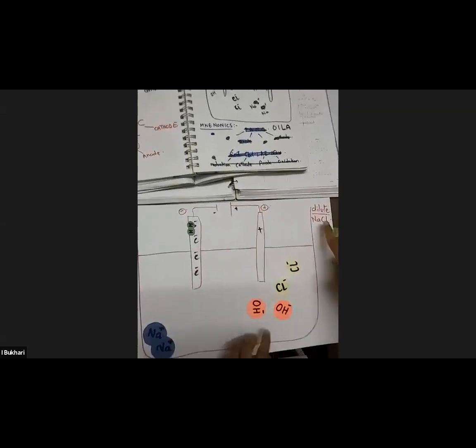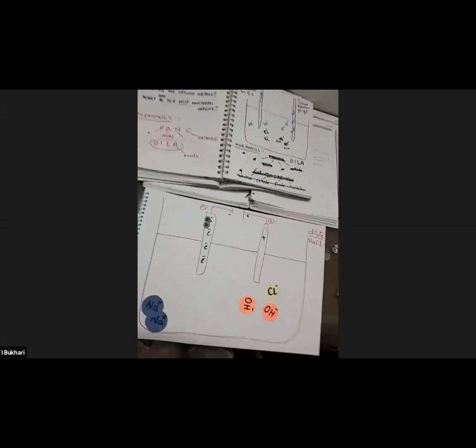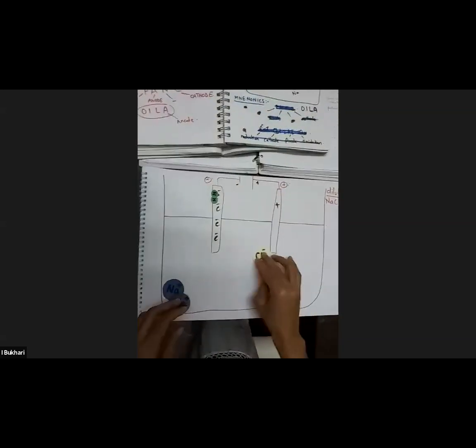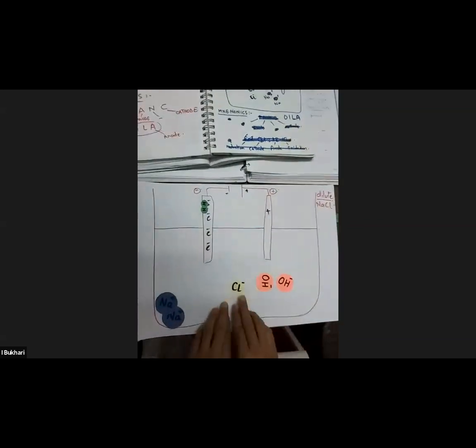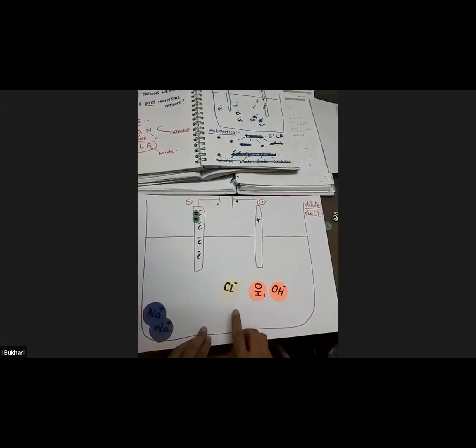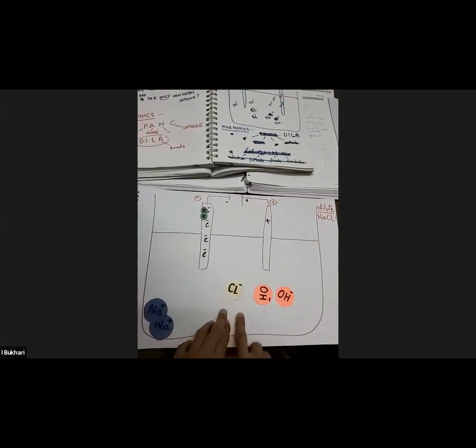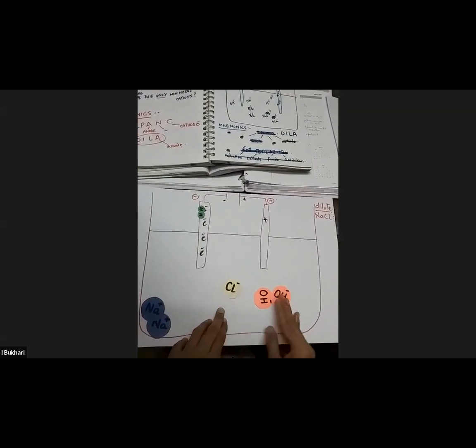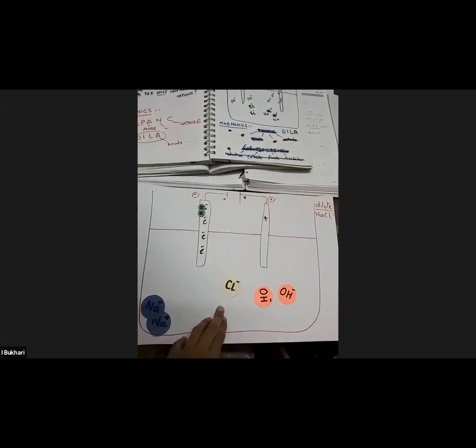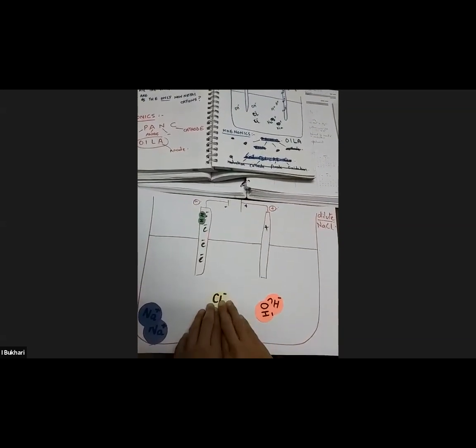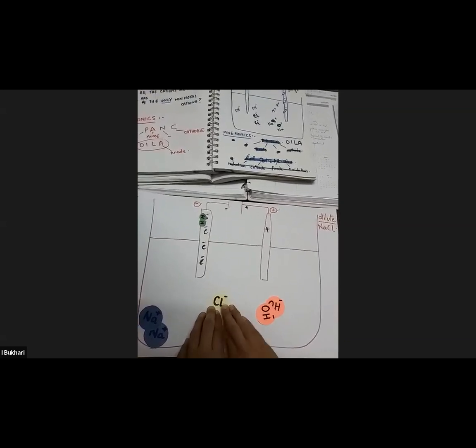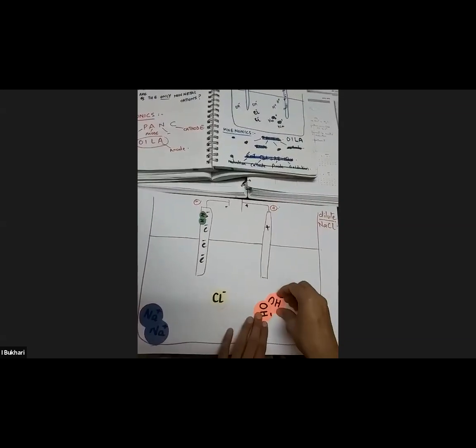Now the anions. Here they're dilute, so let's suppose there are not enough chloride ions. Because there are not enough chloride ions, it is the oxygen that will go.